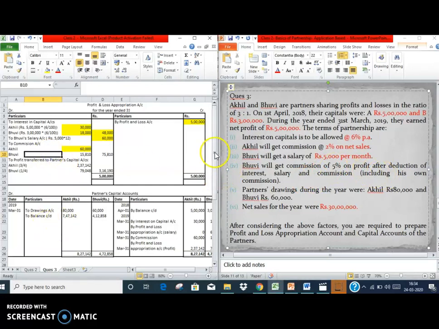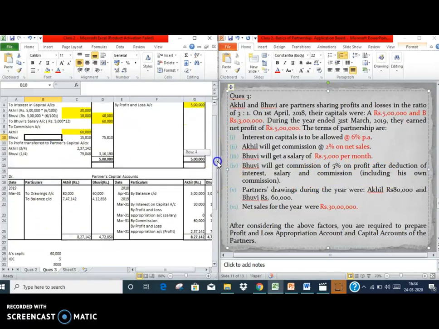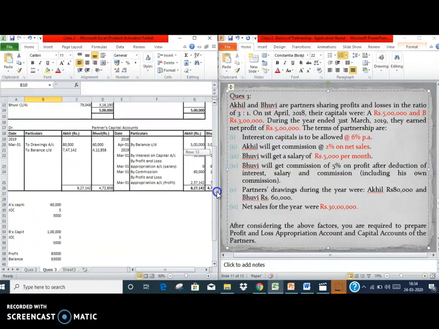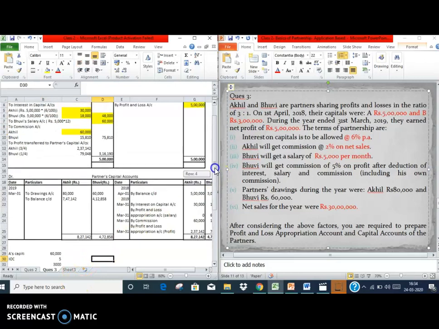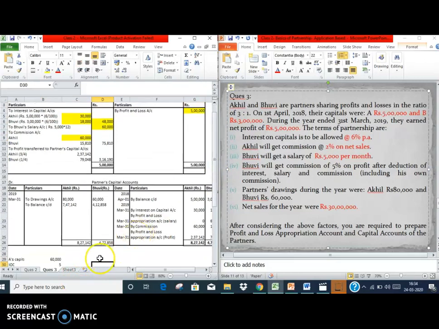So for Ruby, if I want to do the calculation over here, what will I do? Whatever profit you have, minus this expense you have incurred, this expense, and this expense. So this is the remaining profit.